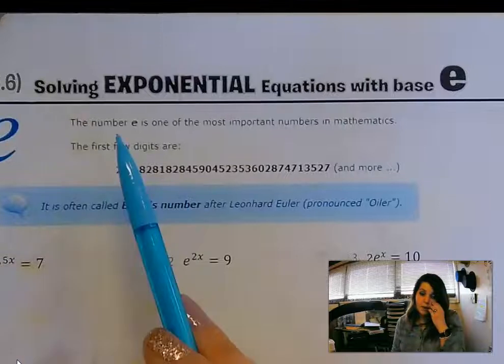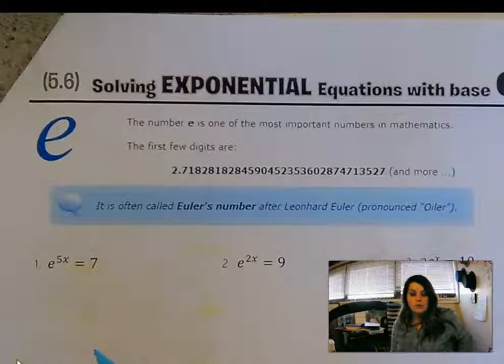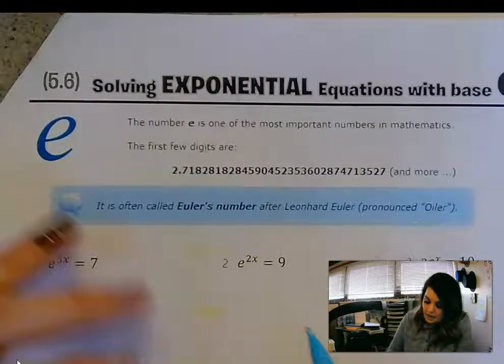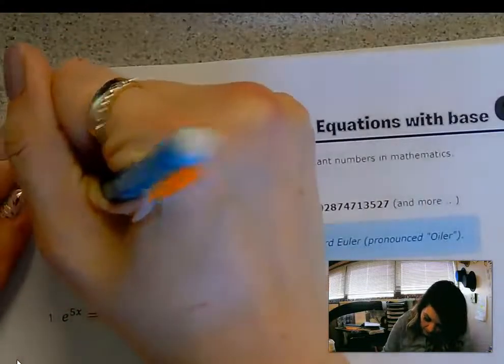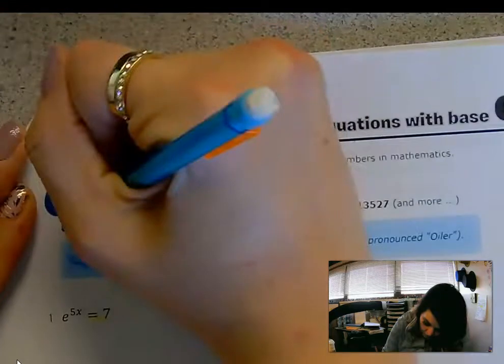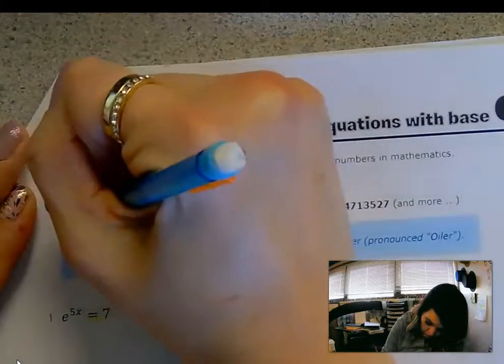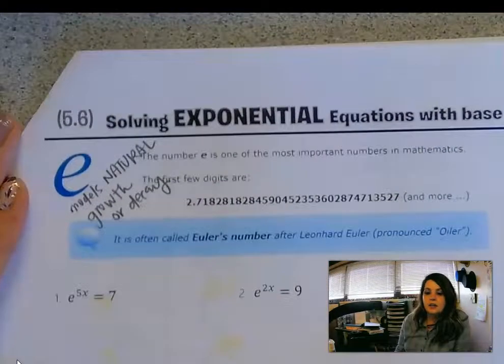So remember, e is just a special number, and it models natural growth or decay. So that's like plants growing and plants dying.